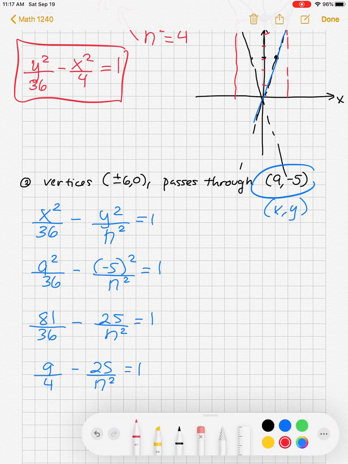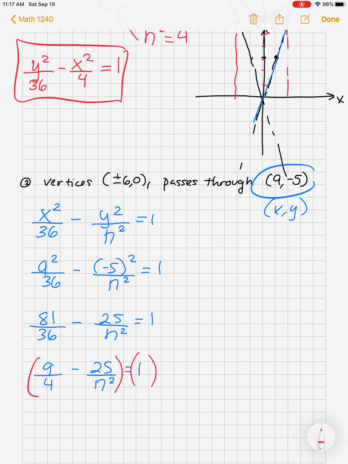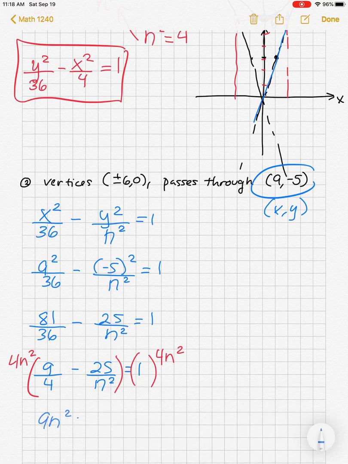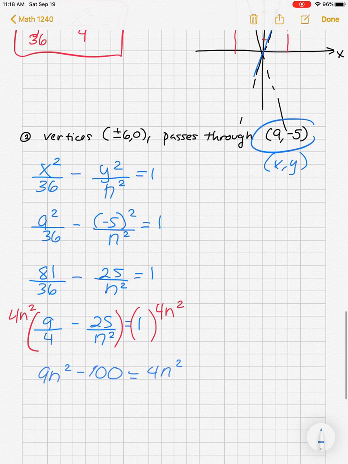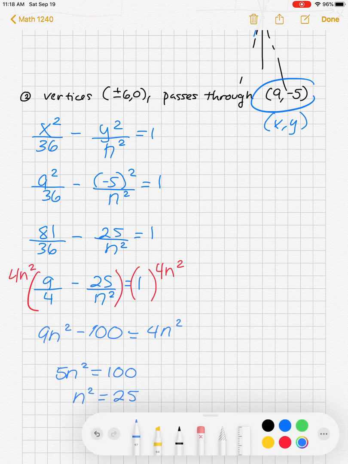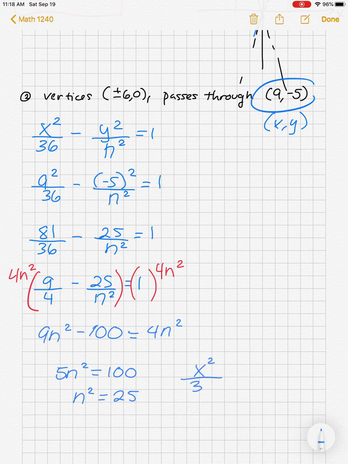I have a couple of options for how to solve that. Maybe I multiply the whole equation by 4n squared, the LCD. Then I'd have 9n squared minus 100 equals 4n squared. Combine those like terms. So n squared is 25, and that's the information I needed, right? So x squared over 36 minus y squared over 25 equals 1.